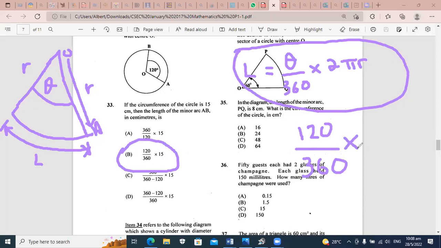Then you multiply it by 2 pi r, which is actually the circumference of a circle. So if the circumference of a circle is 15, and 2 pi r represents the circumference of a circle, that's the answer. I noticed some questions don't even make you work it out. They don't want you to work it out, they just want you to set it out.